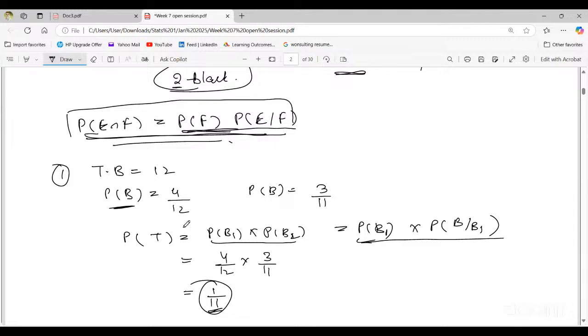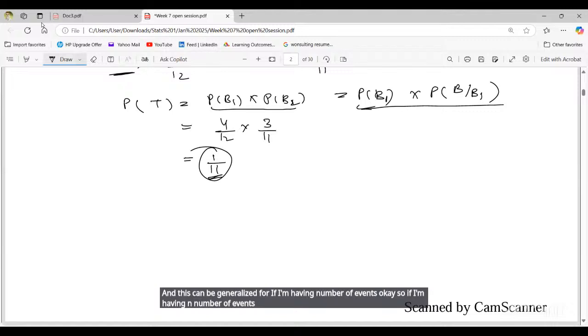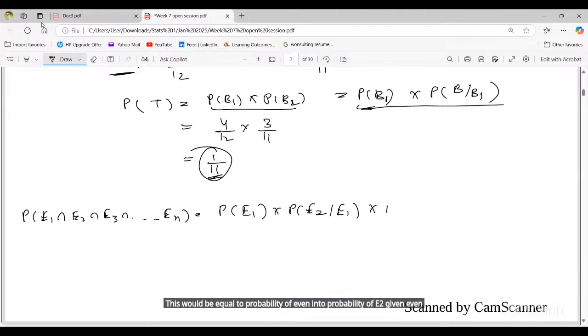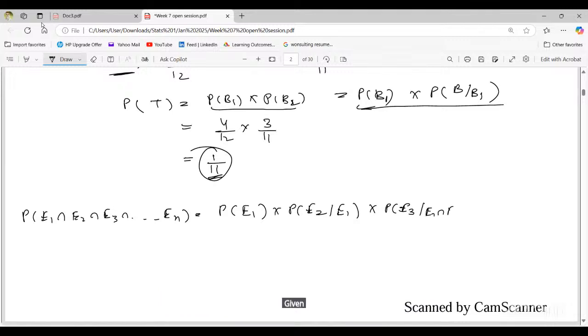And this can be generalized if I'm having n number of events. Let's say if I have to find out the probability of E1 intersection E2 intersection E3 intersection En, this would be equal to probability of E1 into probability of E2 given E1 into probability of E3 given E1 intersection E2.